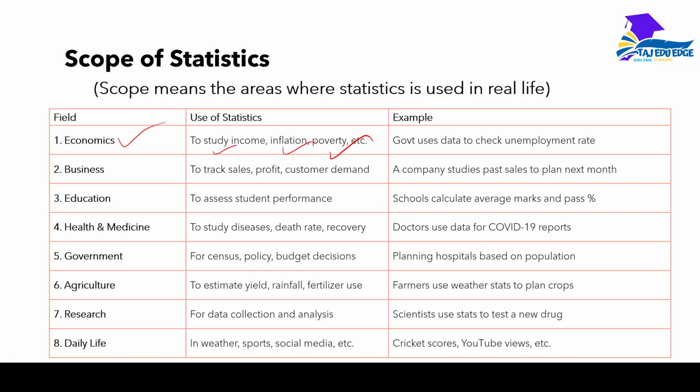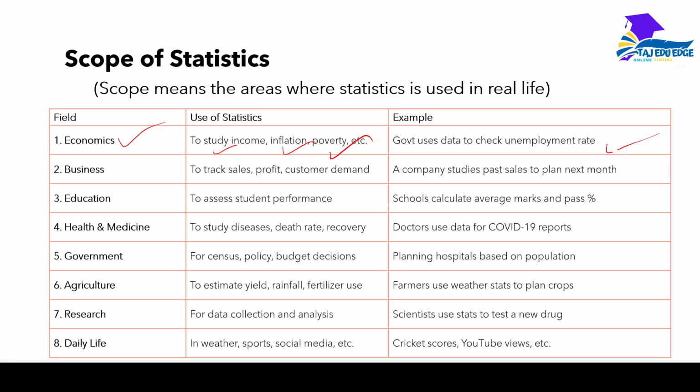The poverty level. So to know the income, inflation, poverty or anything else in economics, statistics is used. Example: the government uses data to check the unemployment rate.